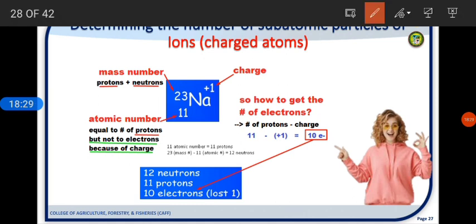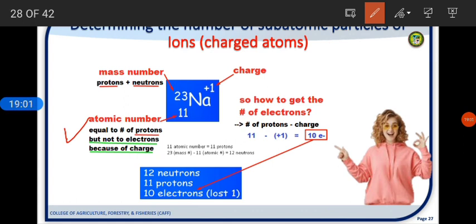So mass number, again, refers to protons plus neutrons. So 23 is your mass number, and your atomic number is 11. So atomic number is equal to the number of protons, but not to electrons because of charge. Since we are now talking about charged atoms or ions, protons and electrons in this kind of atoms are not equal anymore.